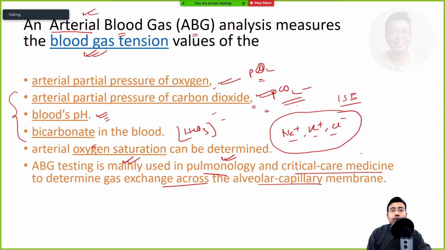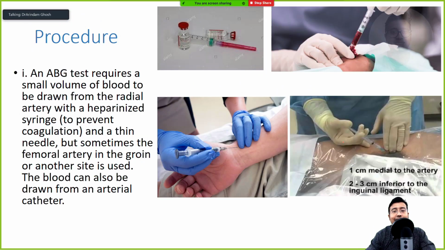So ICU, CCU, ICCU, PICU, that is pediatric intensive care unit, NICU, neonatal intensive care unit. There are many types of ICUs. All are focused around ventilation because the lung is the main organ that we are caring about, right? So the role of ABG mainly lies in pulmonology and critical care medicine. Just to give you a heads up.